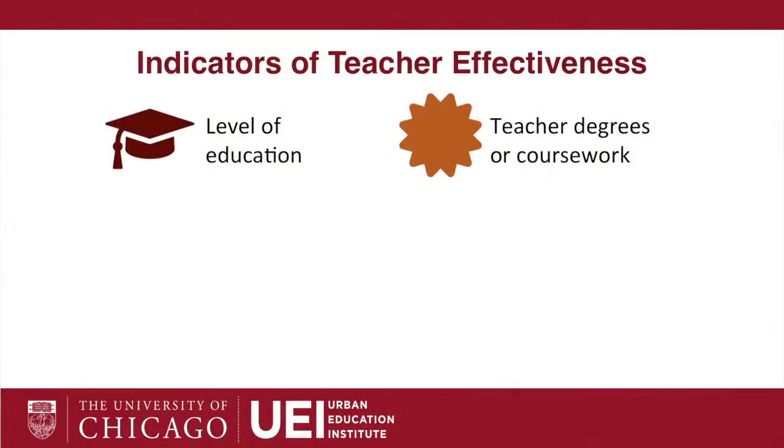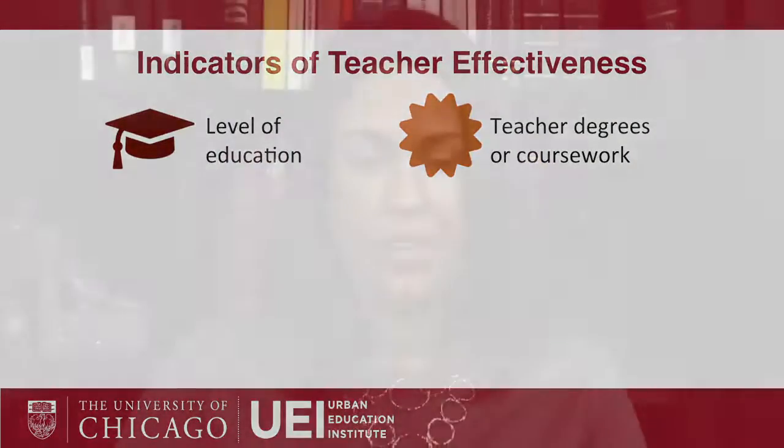The difference between a bachelor's degree and a master's degree, does that make any difference in terms of how high quality a teacher is? In terms of teacher degrees and coursework, if you're teaching math, does it make a difference if you have a degree in math? Or does it make a difference in terms of your classroom management or your ability to foster a good classroom culture, does it matter what coursework you've had relative to your effectiveness in those areas?